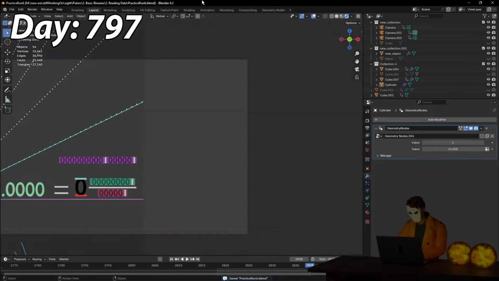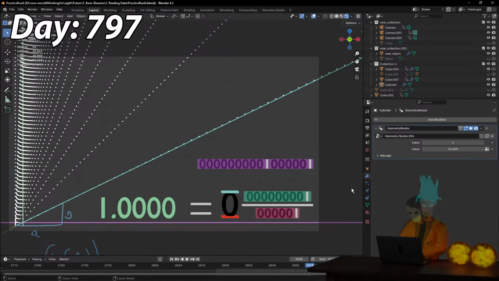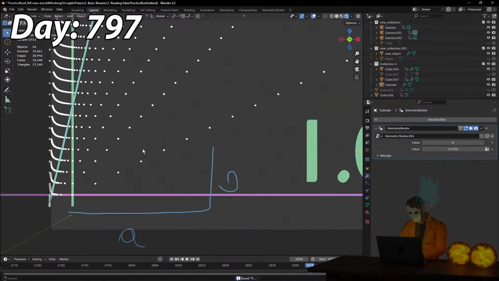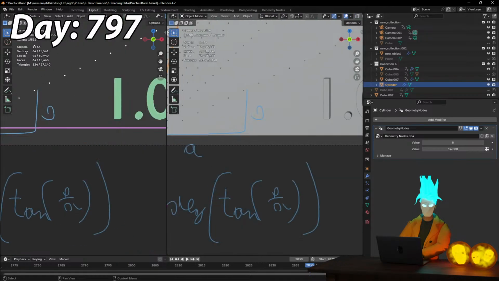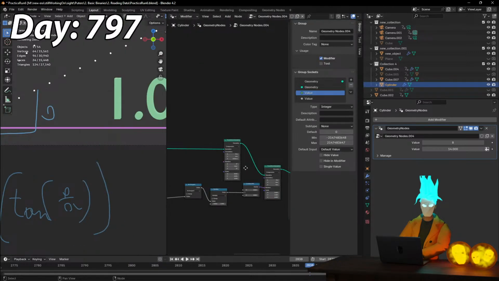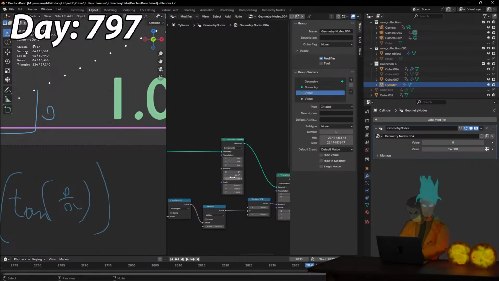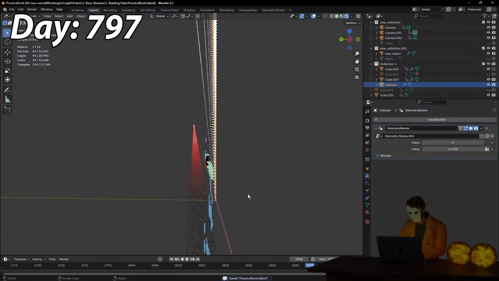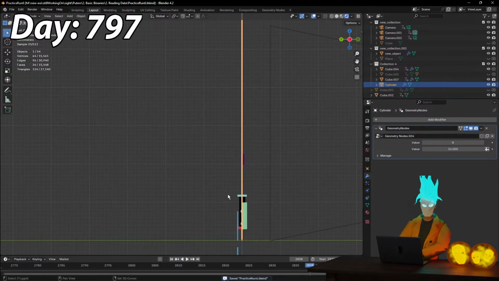Close enough. I think this could be close enough. I don't get why these points don't fall on the line. I think it must be due to the way I'm visualizing them somehow. Is it the depth? No, it's not.